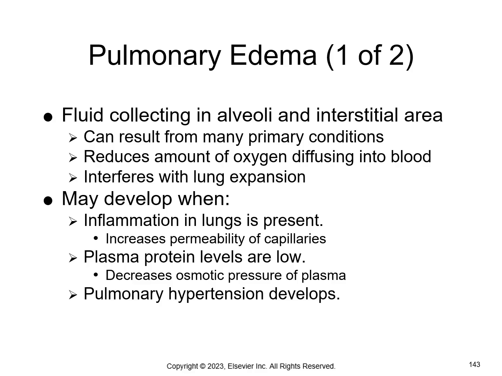This can happen if inflammation is present in the lungs because it increases the permeability of the capillaries. It can also happen if the protein levels are low, because that decreases the osmotic pressure, allowing the fluid to move or stay in that interstitial area, and also when pulmonary hypertension develops.